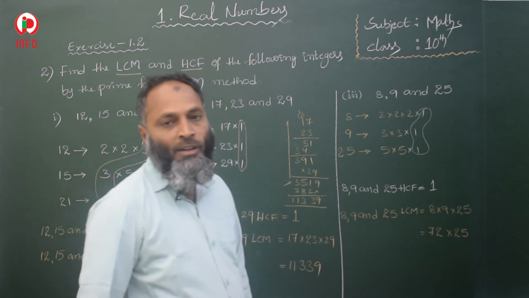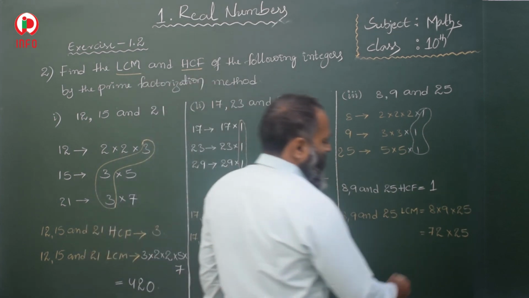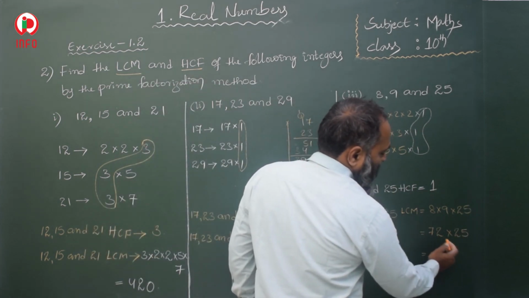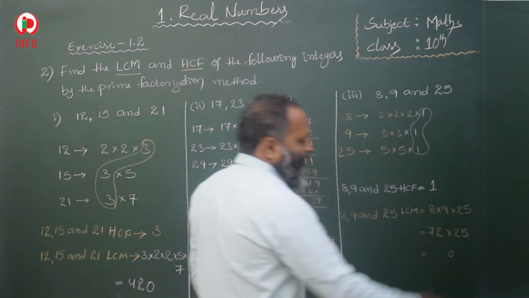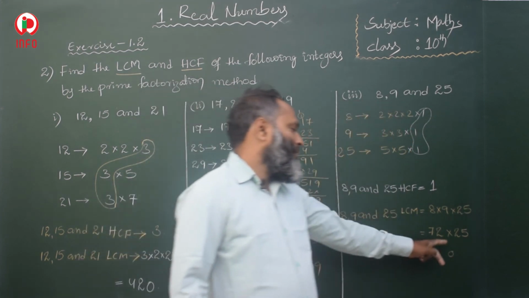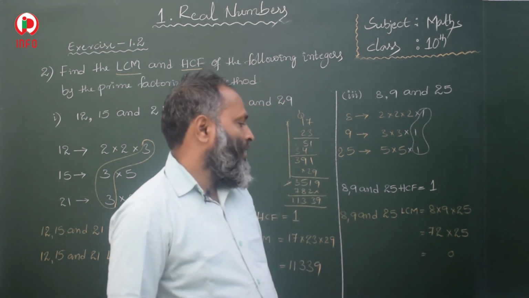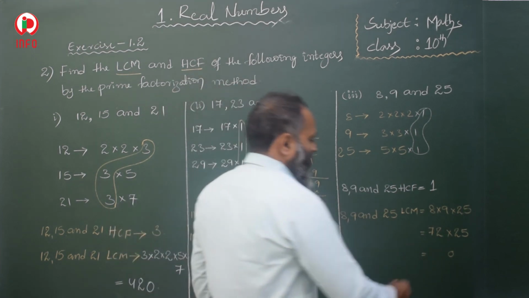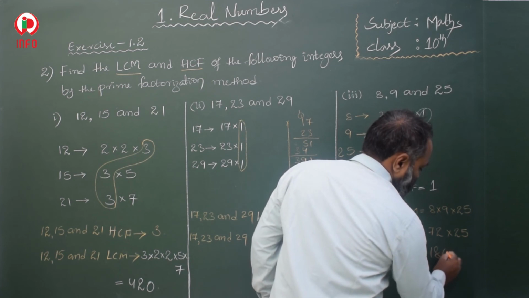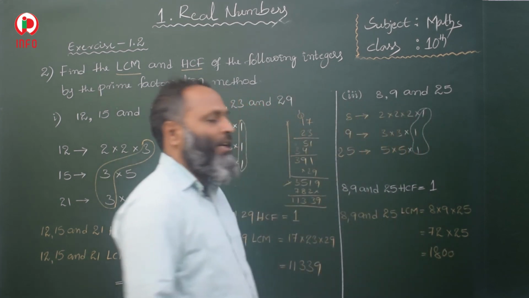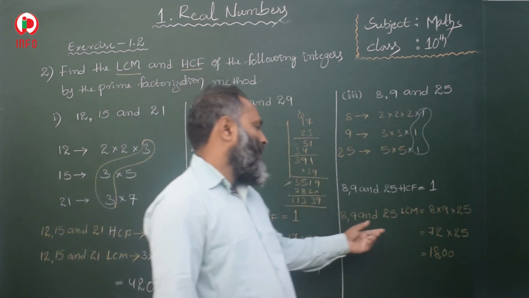Now multiply 72 with 25: 25 twos are 50, 25 sevens are 175. So 175 plus 5, 180. That is 1800. This is our LCM.